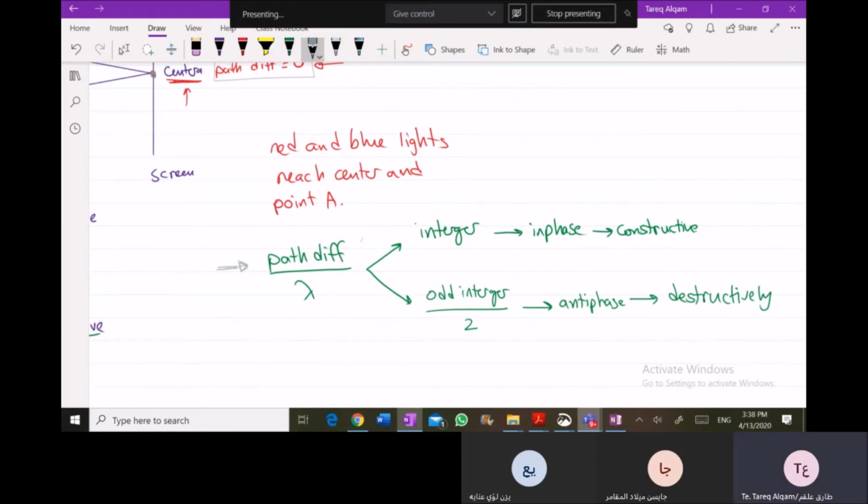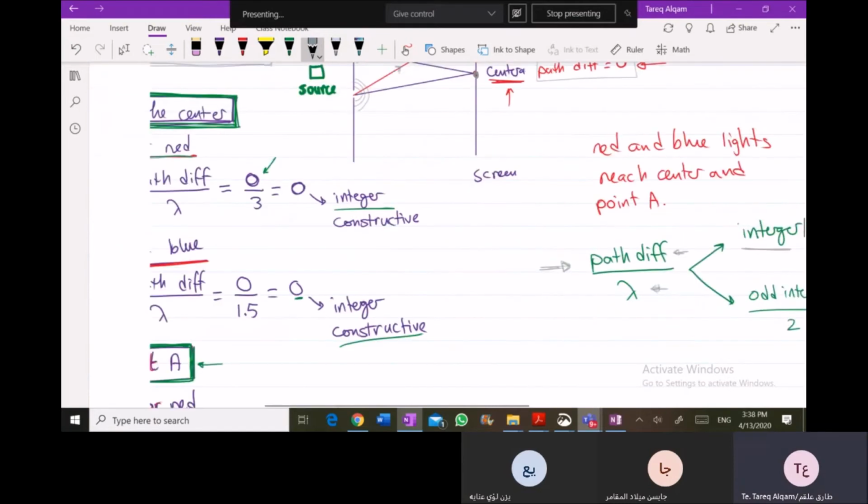I have to measure the path difference over lambda. We discussed that before. If I get an integer value, we have constructive interference, enhancing the color. If I get an odd integer over 2, we have antiphase, so we have cancellation of this color.